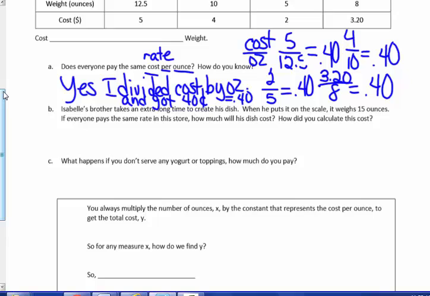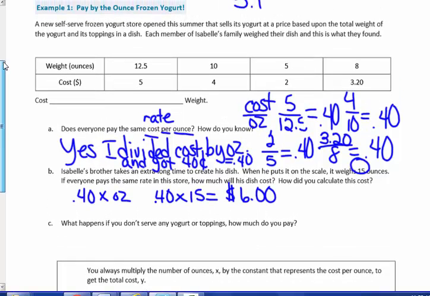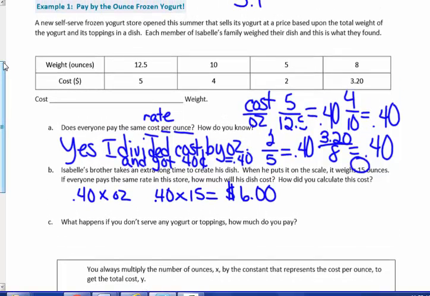So it's 40 cents times 15 ounces. Wow, he must have a lot of toppings. His comes out to be $6. So I can add him onto the chart: a 15 ounce dish that cost $6.